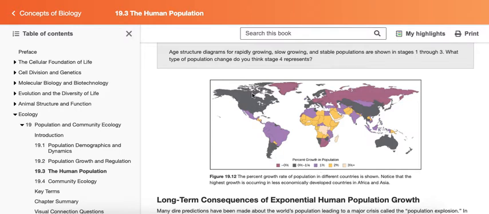And then there's some Central American countries that are about a 2% growth rate.